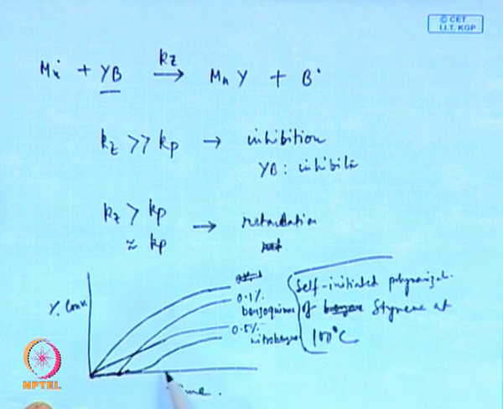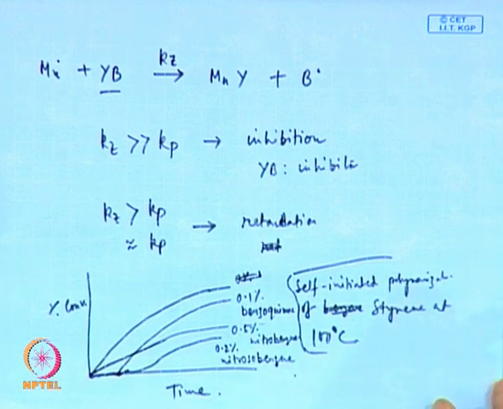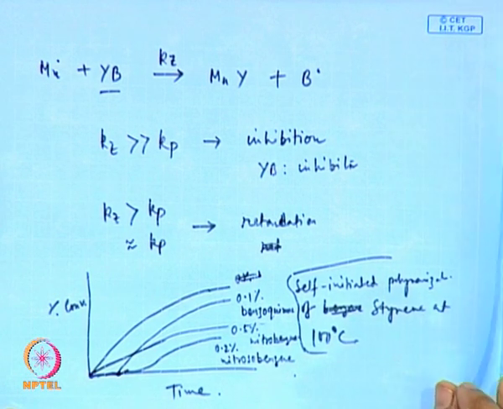It starts after some time, and the reaction is also slower. This happens if we add 0.2% nitrosobenzene. So, these are the possible reactions: this is typically how it happens if you have an inhibitor, a retarder, or a combination of both.